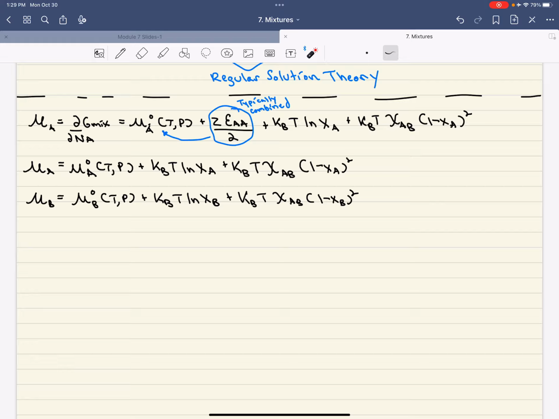Okay. All right, so in the regular solution model, we have this interaction parameter term.